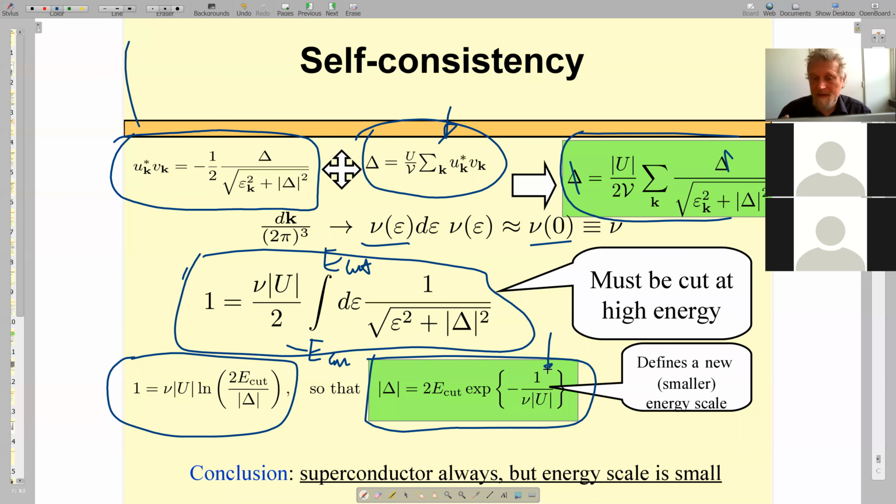Good news that this delta, this superconductivity, persists at arbitrarily small attractive interaction, right? For magnetism, we did require some finite interaction for the magnetic state to arise. Here, superconductivity happens at very small interaction. That's why it's so widespread.